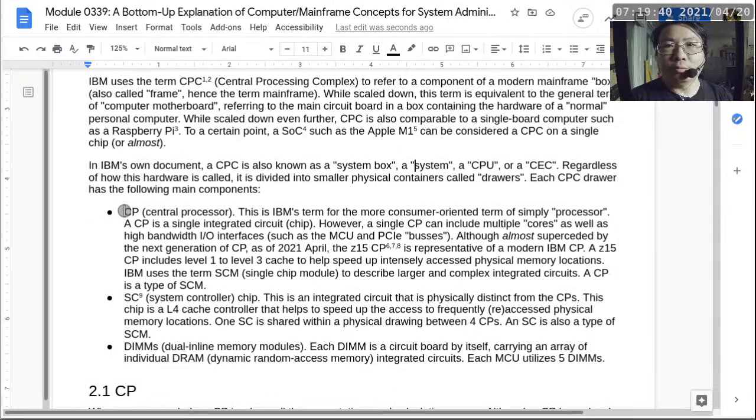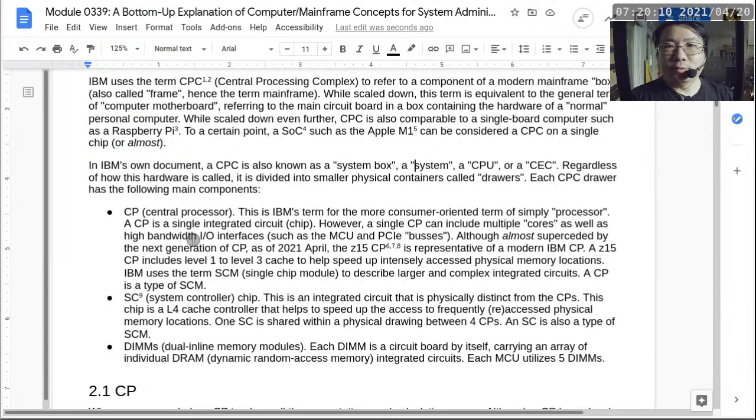With the latest mainframe, it can have up to 4 CPs. Some of the older versions can have up to 6 CPs. So I guess it depends on how big each CP is, because one CP is an integrated circuit. If it's kind of big and takes up a lot of room, or the cooling requires a lot of room, then you can only fit so many inside a drawer, because a drawer has to be a standardized size.